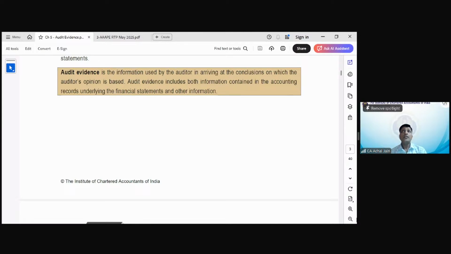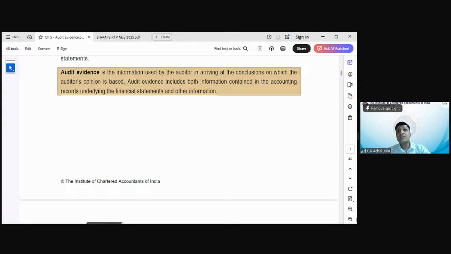Now, this document corresponds to what? This corresponds to the details which the auditor is checking, the underlying document in respect of the accounting record, or the accounting ledger.